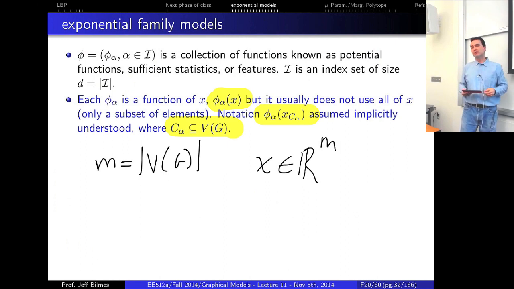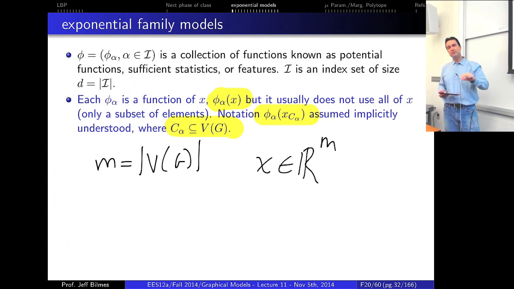Well, there is a marginal in the sense that if we defined a probability distribution with this set of potentials, and then we did elimination, we'd end up getting a marginal over 1, 2, and 2, 3, and 3, 1. That would be a marginal for that three variable distribution.